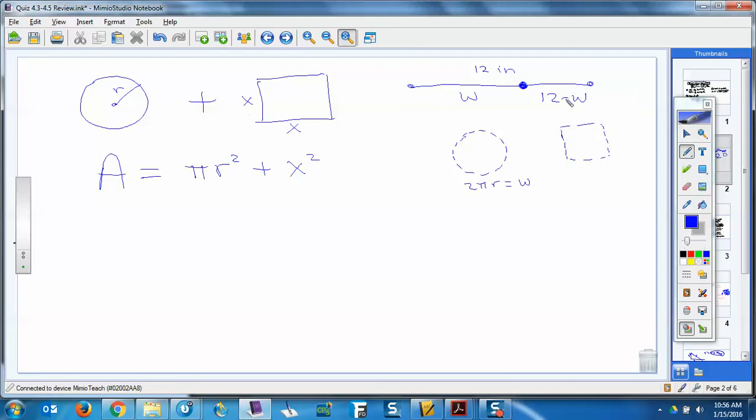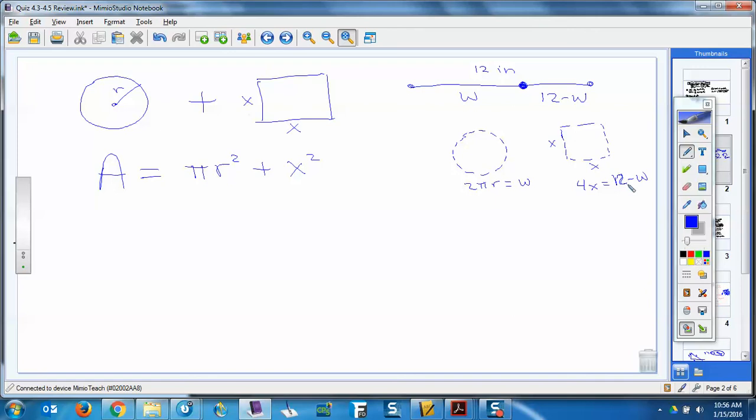So the 12 minus w is going to go for the square. So what does that mean? 4x is 12 minus w. That's kind of like my extra information.